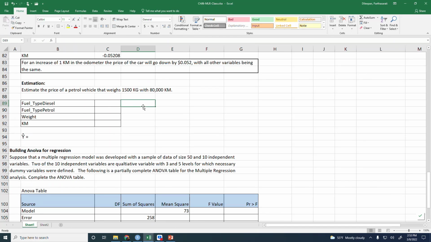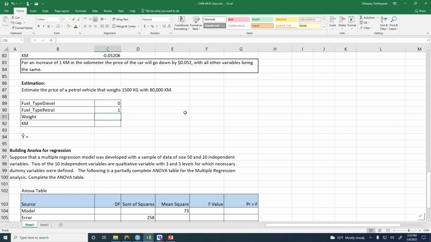So what is the value of this cell for the observation for which we want the price? We want to estimate the price of this particular vehicle. So it's a petrol car, weighs 1,500 kilograms, and it has 80,000 kilometers on it. So what's the value for this cell? 0. Okay, what about this one? Fuel type petrol. It's 1, exactly.